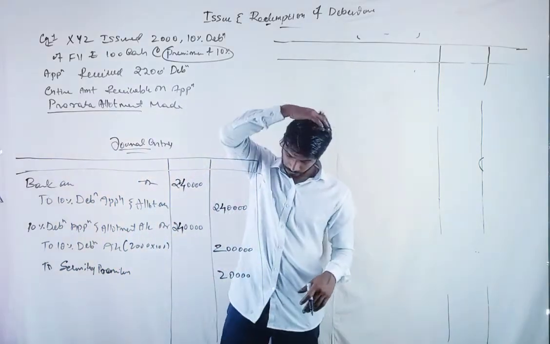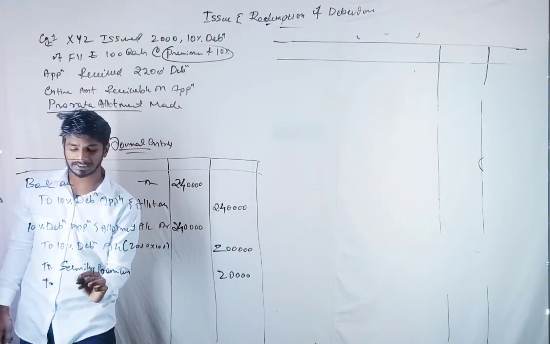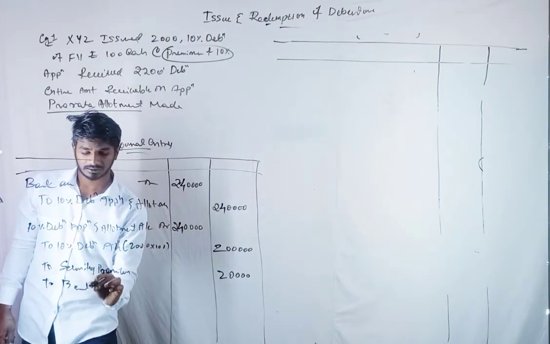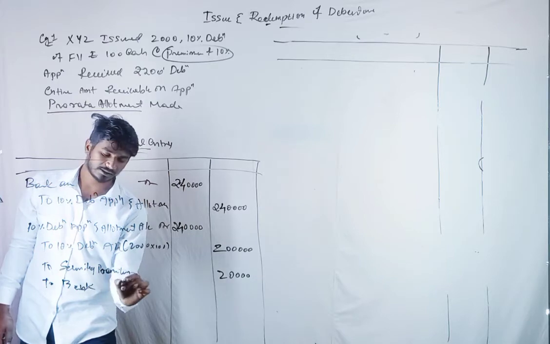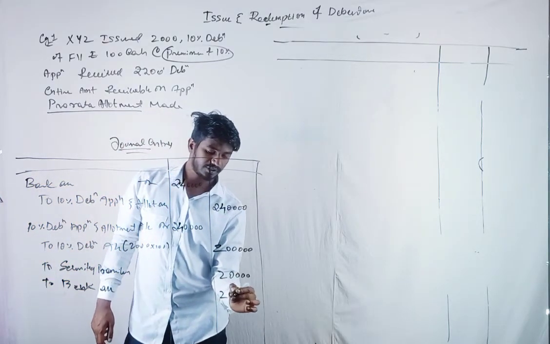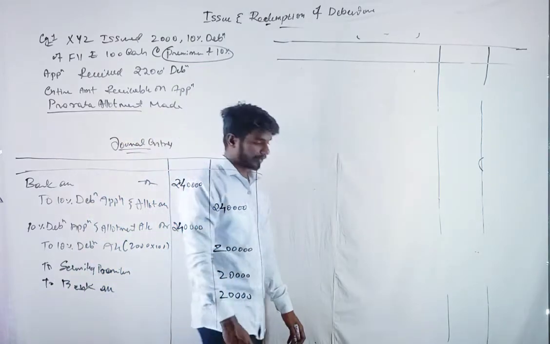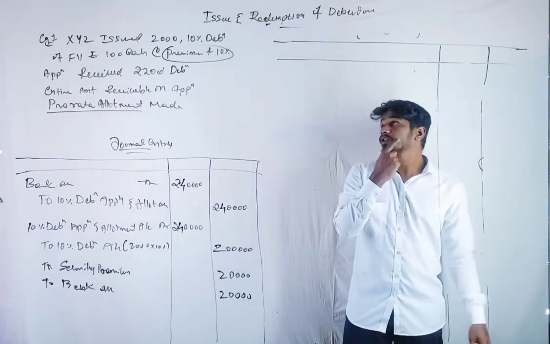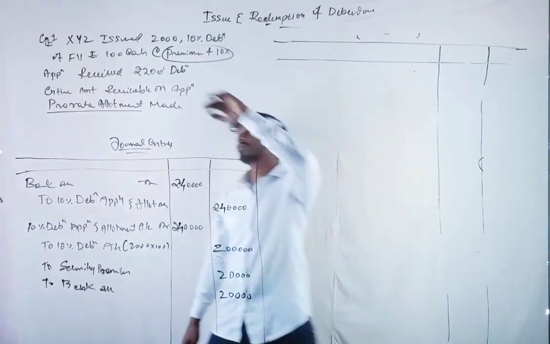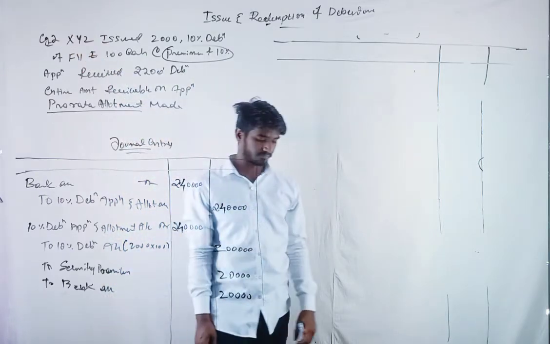So what we will do, we will just refund that to the bank account. We will credit the bank account, right? How much? 20,000. Yes, this completes your example 2. Okay, example 2.